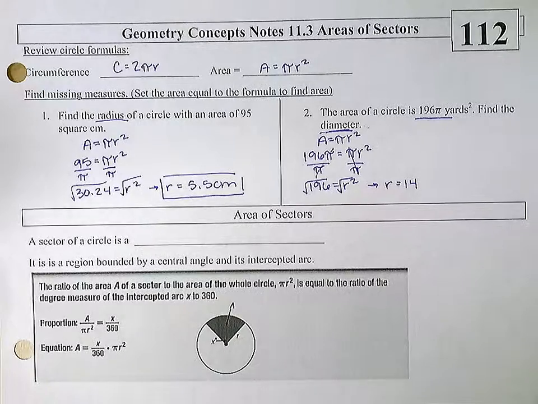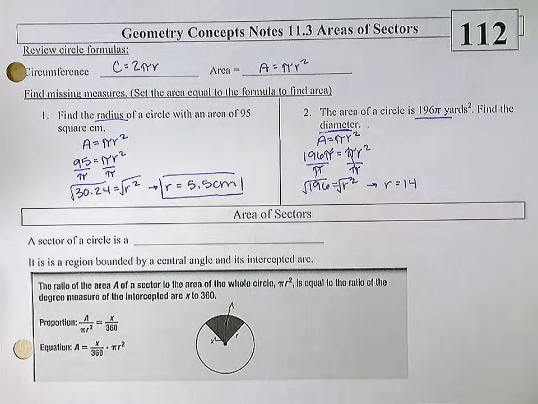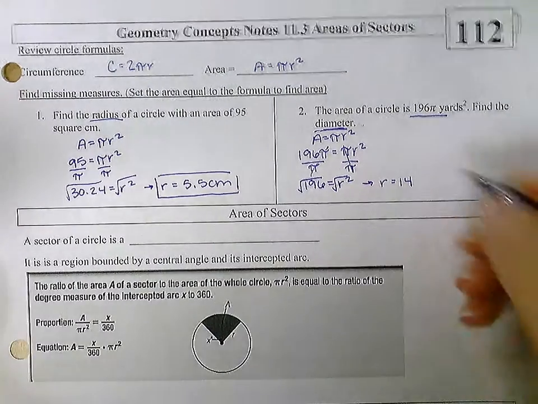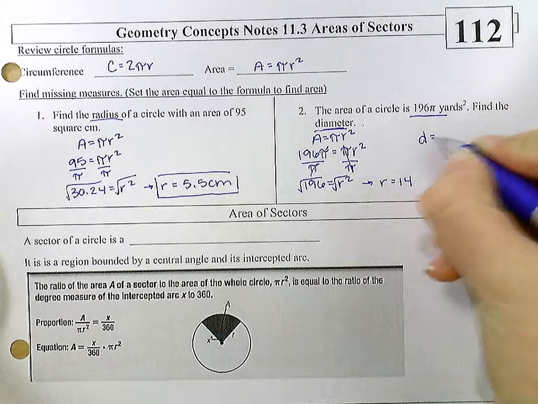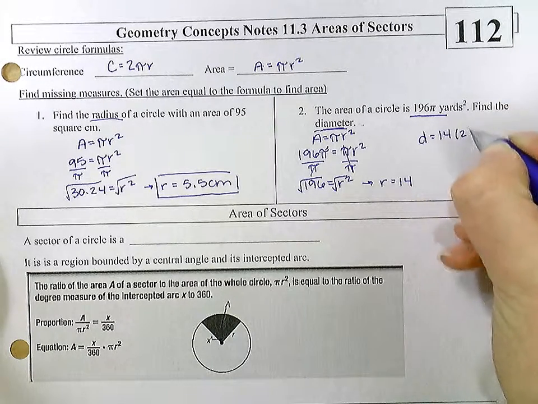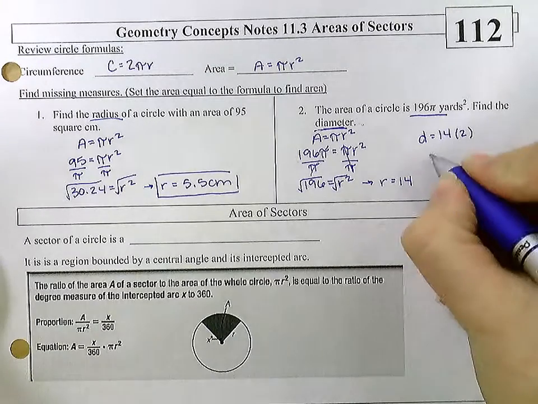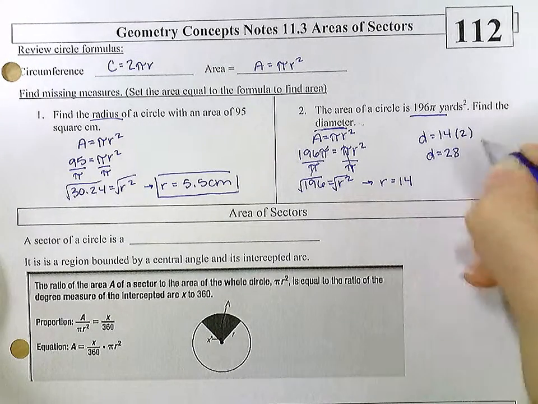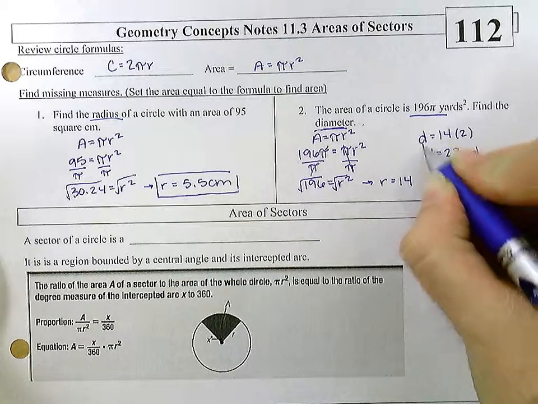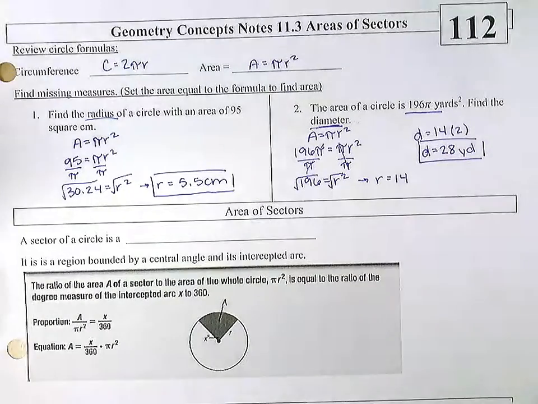So if the radius is 14, how do I find the diameter? Multiply it by 2. So I take 14 times 2. So the diameter is 28 yards.